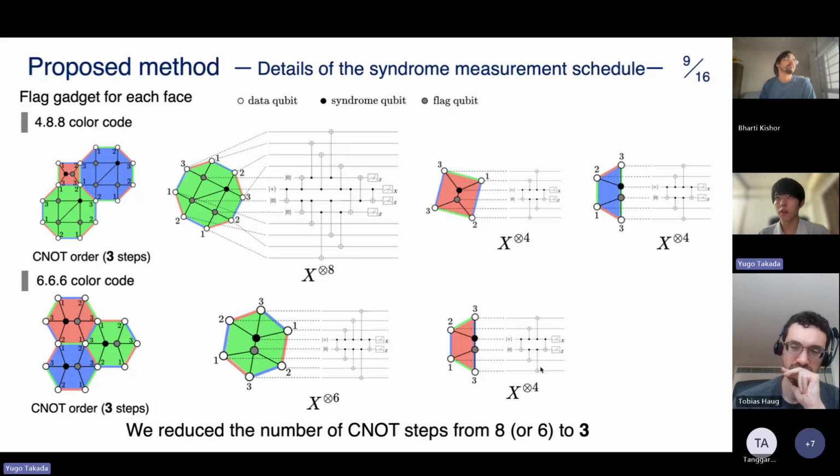In these decoders, mostly people consider reducing the decoding problem of the color code to that of the surface code, by decomposing the decoding problem, so we can use minimum weight perfect matching.